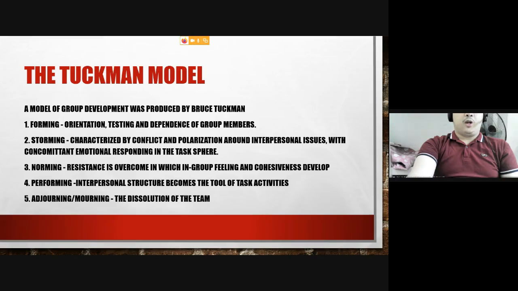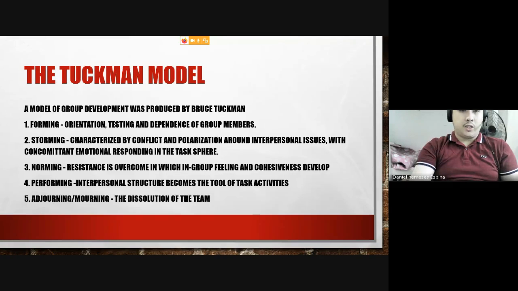So of course, after the norming, you have the performing. So that's the fourth stage. It is when the interpersonal structure becomes the tool of task activities. So kumbaga, less na kayo ang communication.